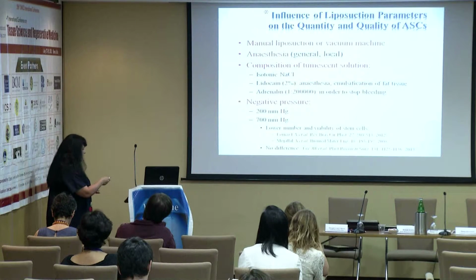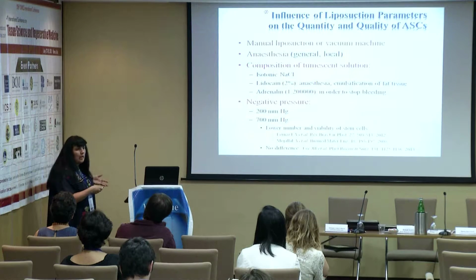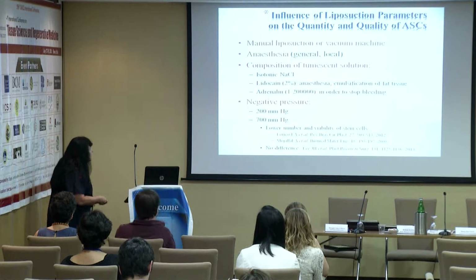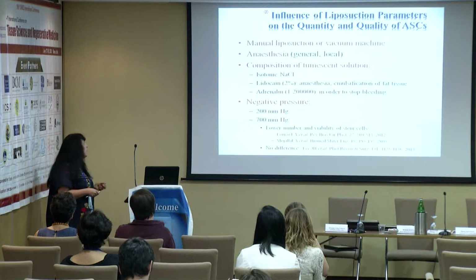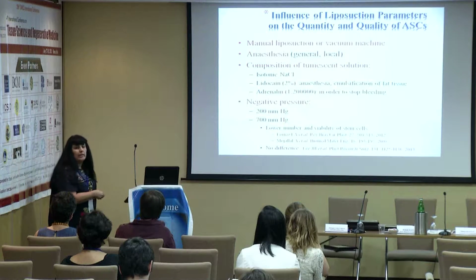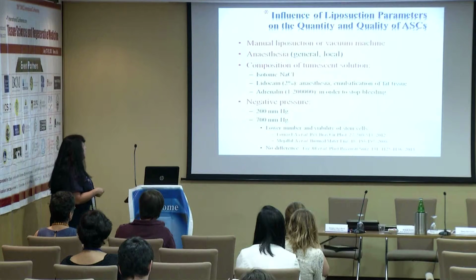It is important which type of anesthesia is used, or the composition of the liposuction solution. But we concentrated on the pressure during liposuction. We used two types of negative pressure. Low pressure, only 200 torrs, or minus 700 torrs. It was low pressure, high pressure.